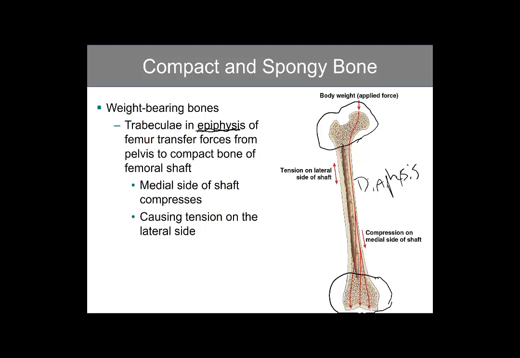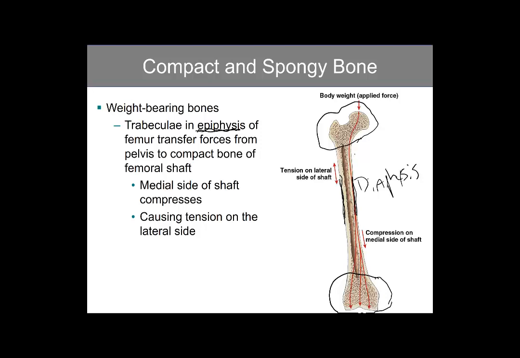So trabeculae, those little struts within the spongy bone, and the epiphyses, the ends of the long bones, they transfer forces from the pelvis to the compact bone of the femoral shaft. So the compact bone on the femur is right here, and we can see the weight of the body pressing down on this femur.